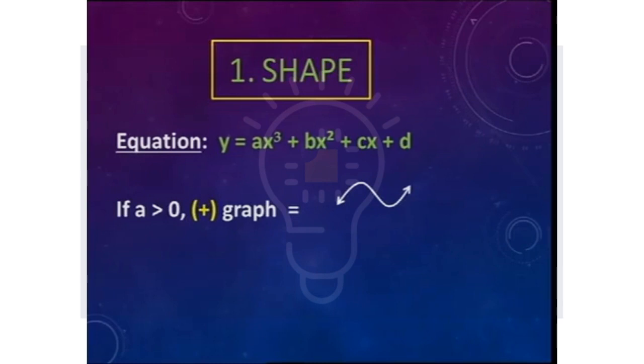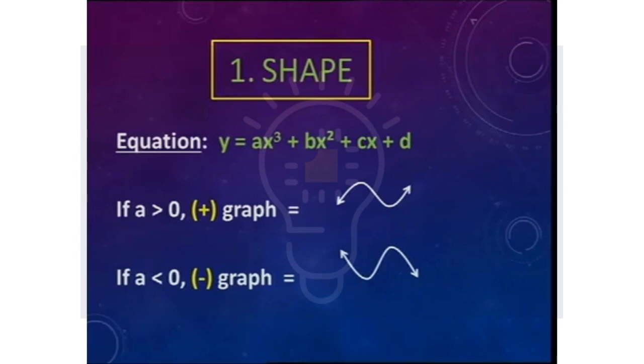That is what I'm referring to, your shape. If it's less than 0, that means negative, that is what your graph should look like. Now guys, you need to work out how you will remember what the shape looks like. Just as long as you know, if it's positive, my graph must look like that. If it's negative, it must look like that.